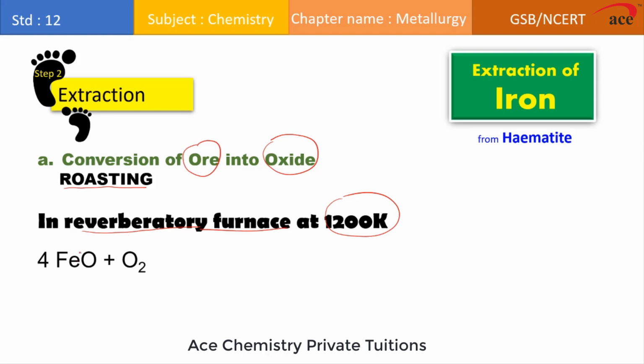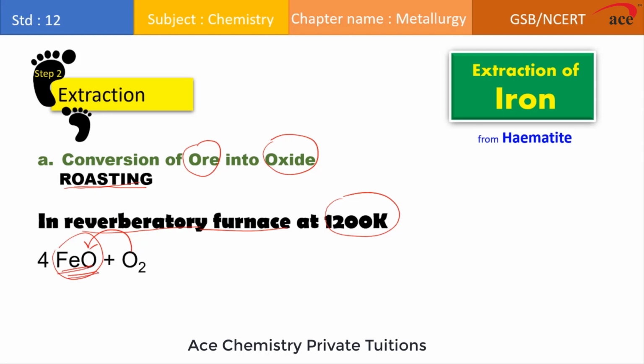The remaining iron oxide, that is FeO, which is already present in the ore, gets oxidized during this roasting. Since in roasting we are heating it in excess of air, once we supply more quantity of air, what happens?